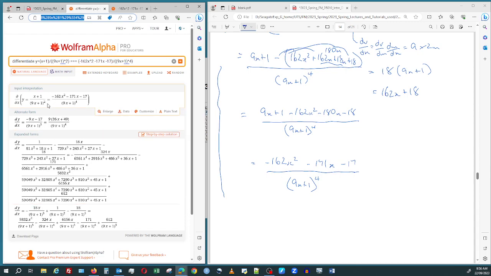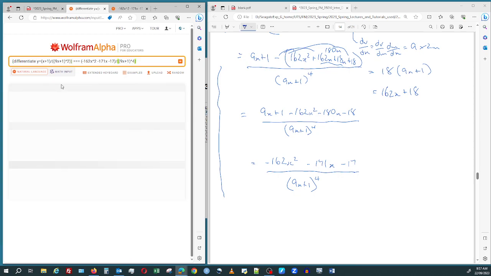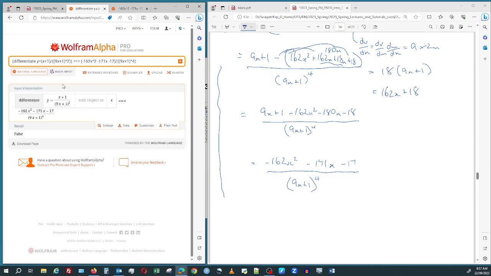Okay. Now look, that's differentiating the whole thing. So I think what I have to do is put that there. See what that looks like, because that's differentiating the whole thing. Which is not really what I wanted.